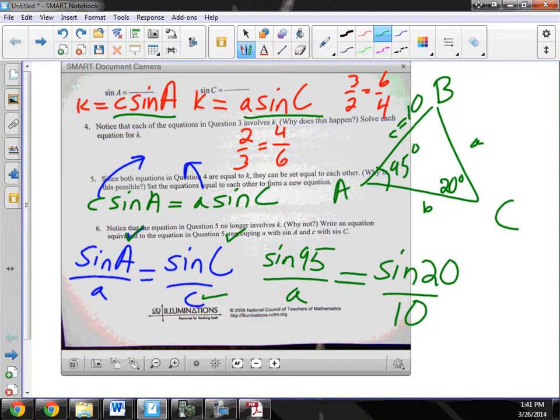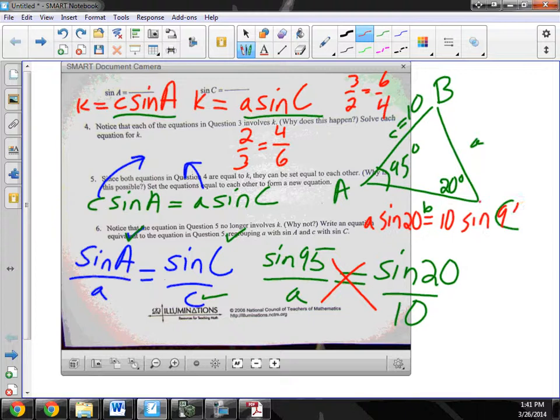How do I solve for a? Cross multiply. So I get a sine of 20 equals 10 sine of 95. Divide by the sine of 20.